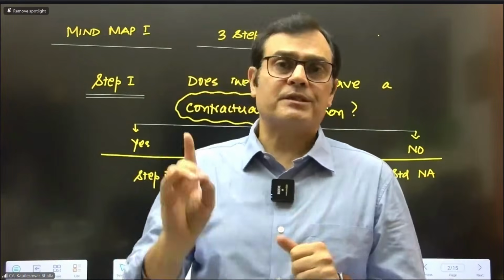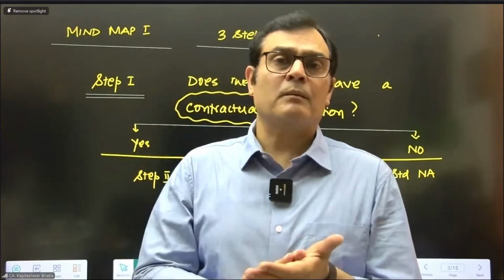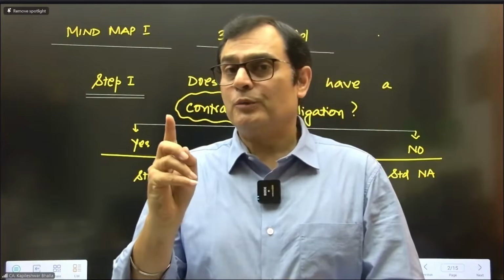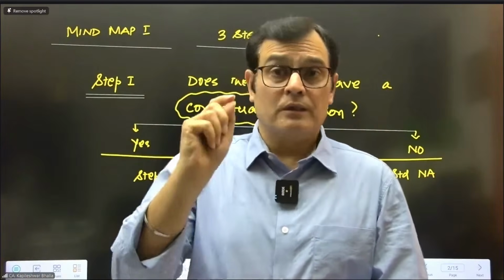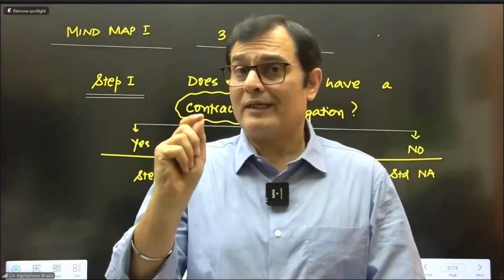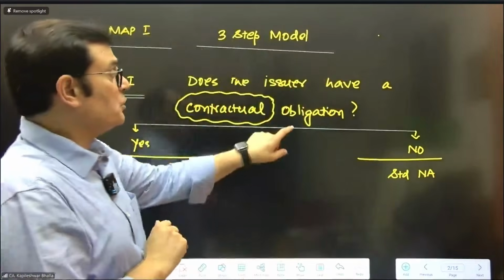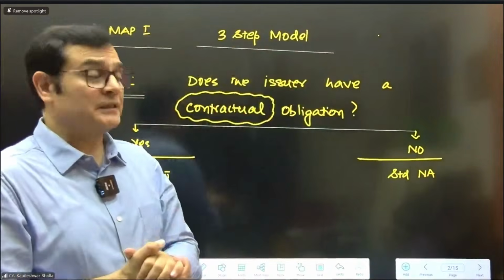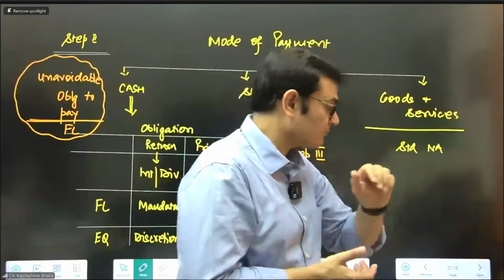What are the parameters? Step number one: does the issuer have a contractual obligation? The obligation of the issuer needs to be by contract.